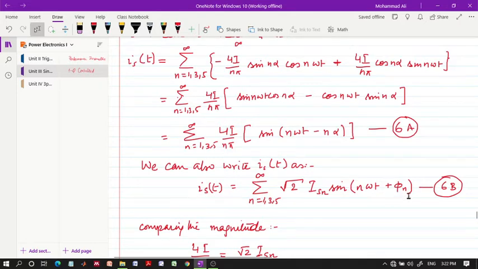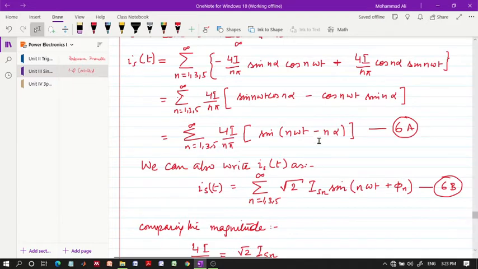So this is the displacement angle of each harmonic with respect to the fundamental. This is denoting the nth harmonic, and this is the magnitude of this harmonic. This is the RMS component of this magnitude.